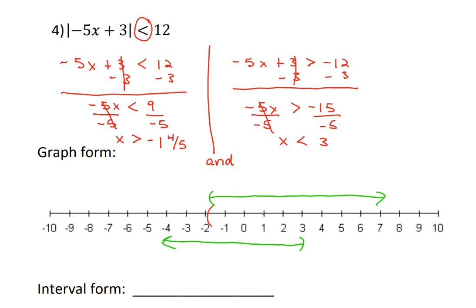And then on the other end, it stops overlapping at 3. So I'm going to put my line on 3, and then it's just the stuff in between. So my interval would start with a parenthesis, always go from left to right, negative 1 4/5, and it goes to 3, and we close that with a parenthesis.